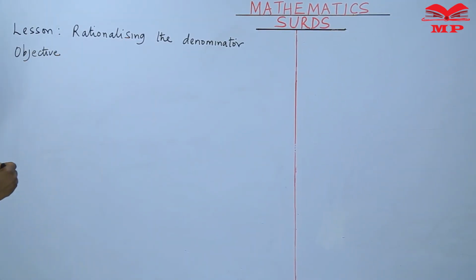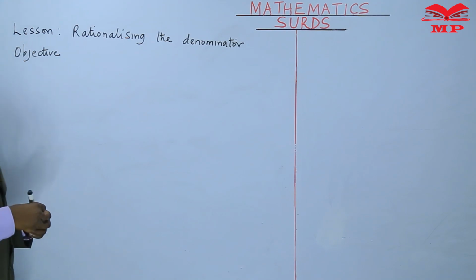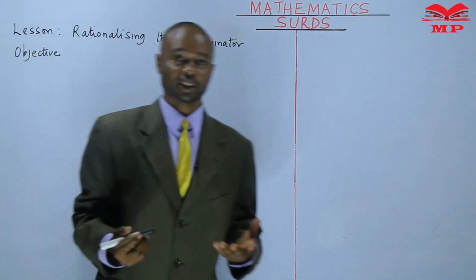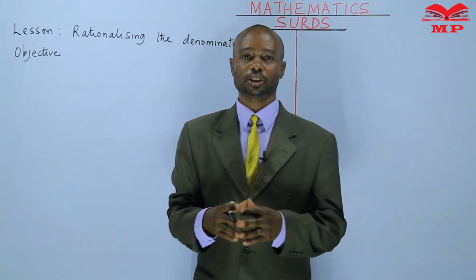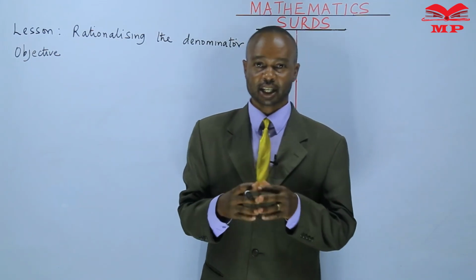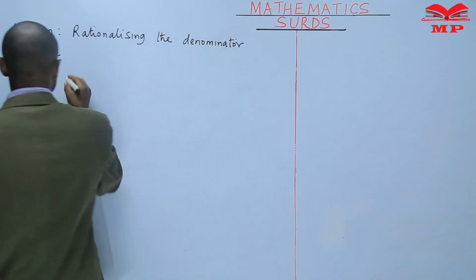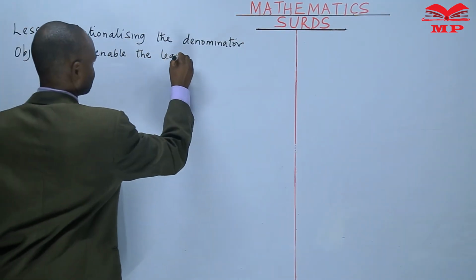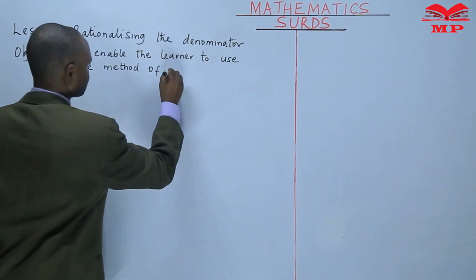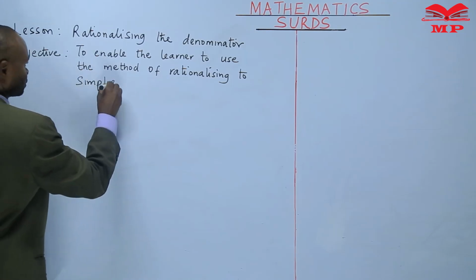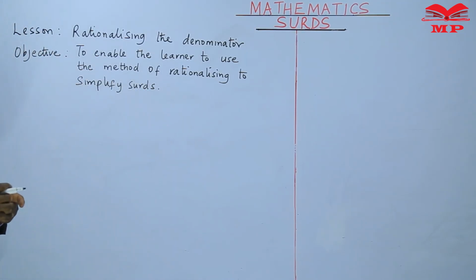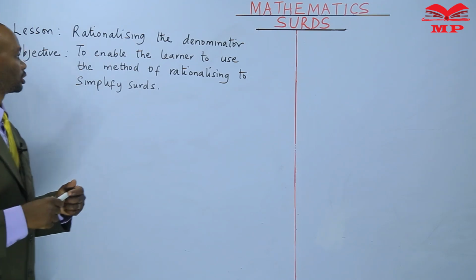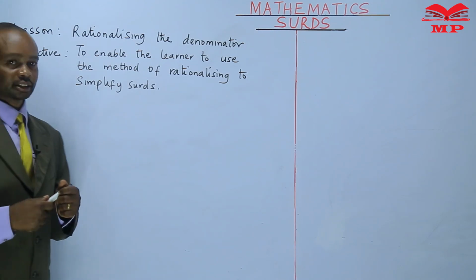With the lesson rationalizing the denominator, the objective is to enable the learner to use the method of rationalizing to simplify surds.